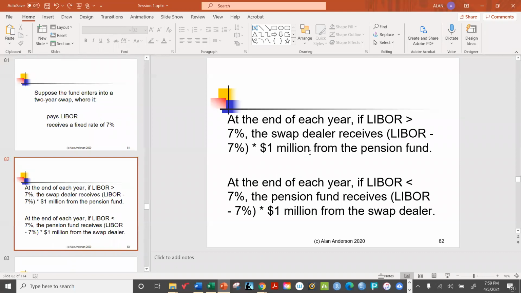So that means since we're paying LIBOR, if LIBOR falls below the fixed rate, that means that we'll be owed money from the dealer. Or if LIBOR rises above 7%, we have to pay the dealer. Okay, so again, it's always the difference between what we're paying and what we're receiving that's actually changing hands.